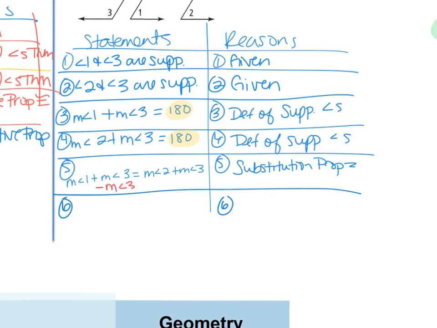Minus angle 3, minus angle 3. And we can do that because we did it to both sides of the equation. So that would be the subtraction property of equality. Then that would leave us with the measure of angle 1 equals the measure of angle 2.